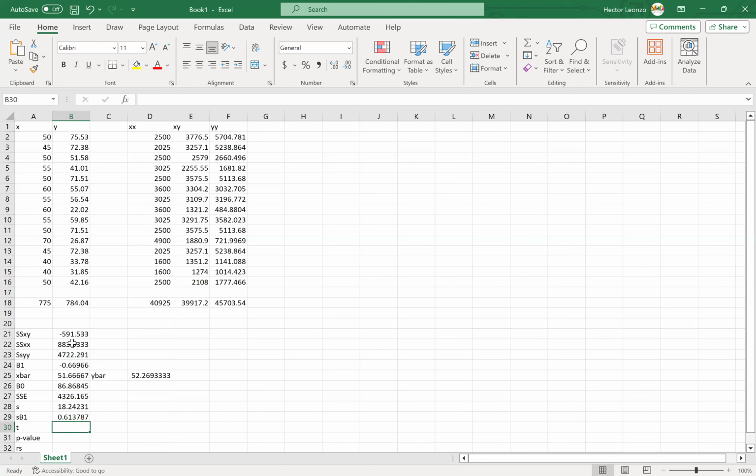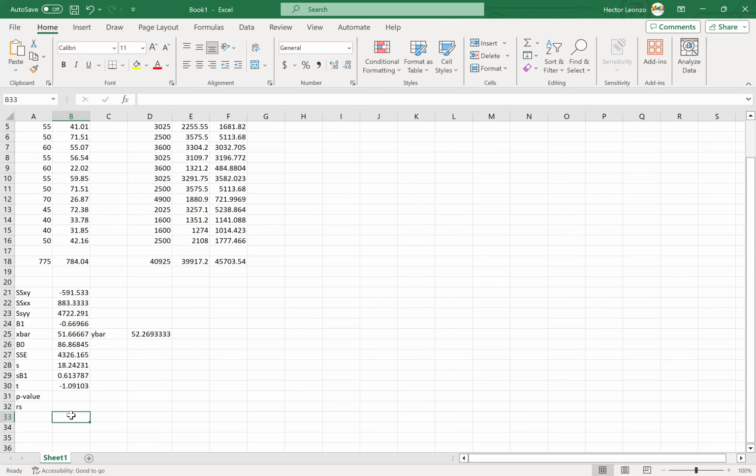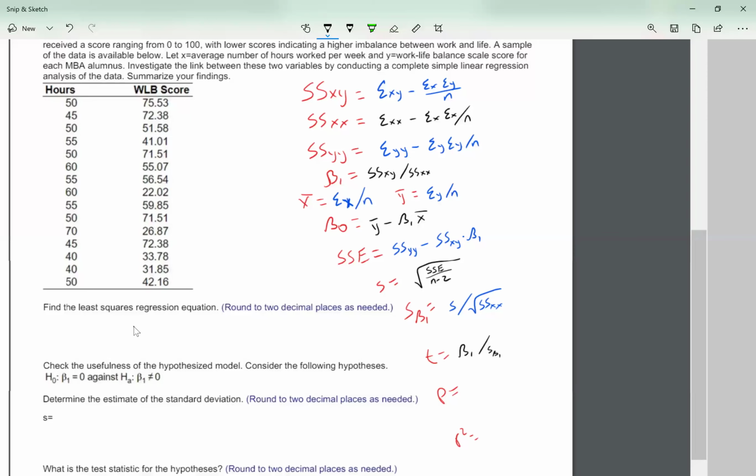My t value equals beta 1 divided by the SB1. My p-value, come back here to our notes. We have a lot of information here already.